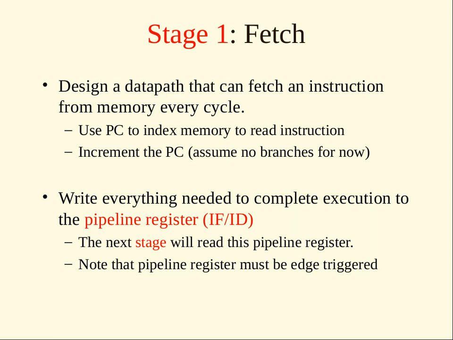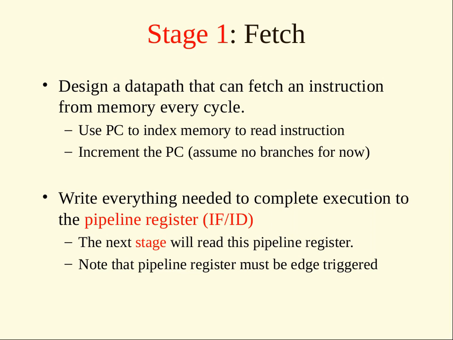All right, stage 1 is fetch. There's going to be 5 stages in total. I'm going to go through each one. The idea is that we want each stage to be very, very simple, and then we're just going to save all the information we can at the end of the stage. So stage 1, fetch. We're going to design a data path that can fetch the instruction from memory and then save it. That's all it does. It doesn't do anything else. Well, okay, I lied.